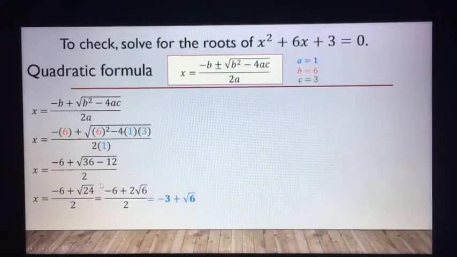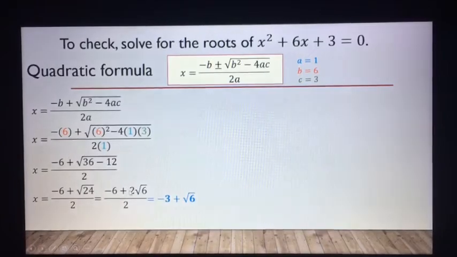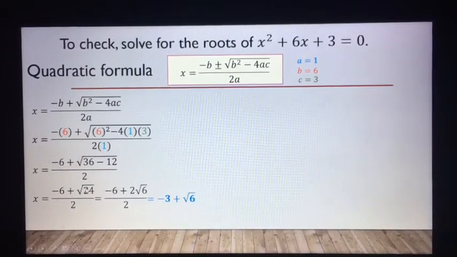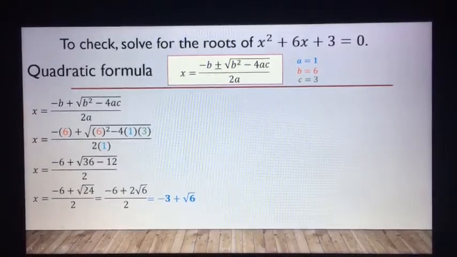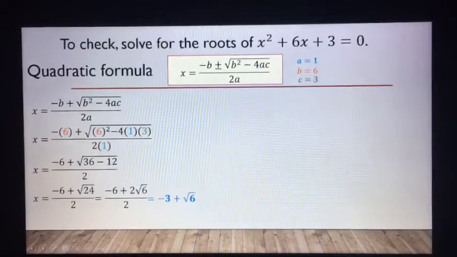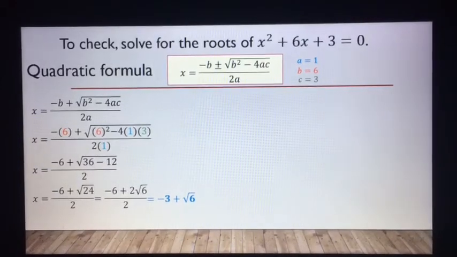Square root of 24 is 2 square root of 6. So, paano ito naging 2 square root of 6? Hanapin mo ang factors ng 24 na isang factor niya ay perfect square. So, ang factors ng 24 na may perfect square is 4 times 6. Tama? Ang 4 na yun is a perfect square.